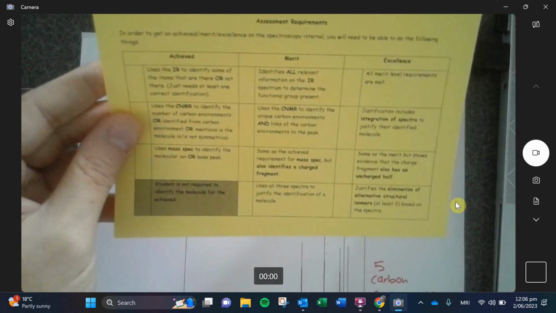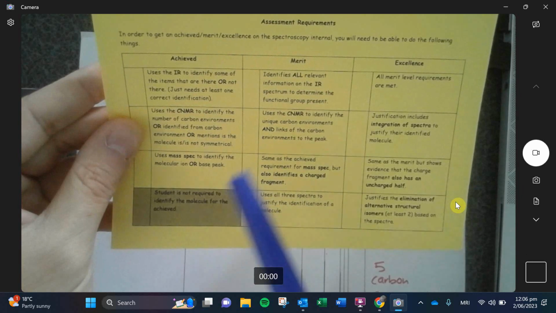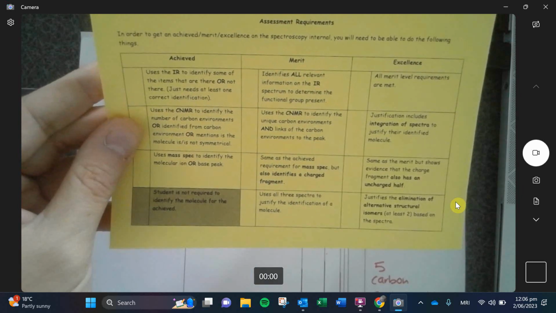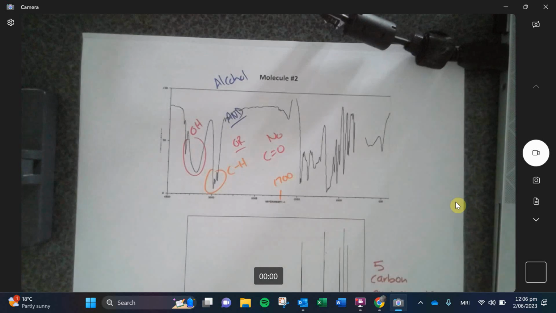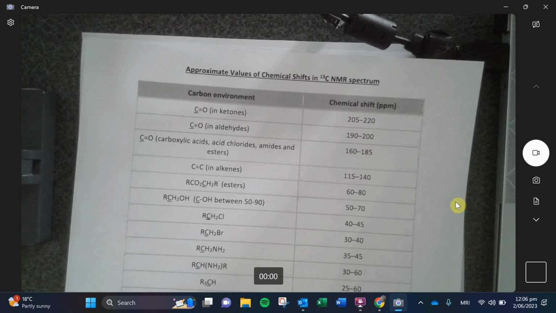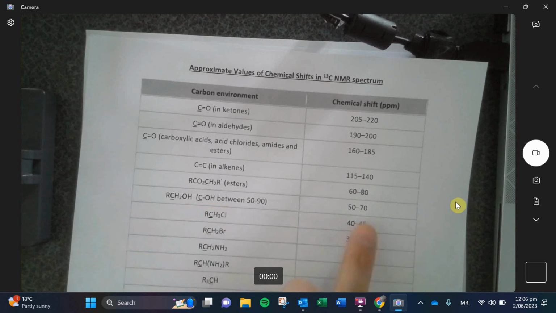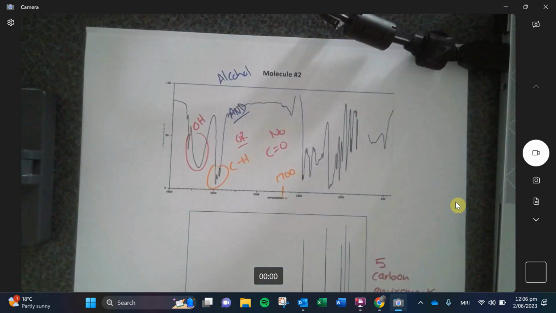Second thing we need to do for the merit is that I need to start seeing that you understand unique carbon environments and using your reference sheet. So we want the second page of that reference sheet. And what we're basically looking for is, can we find something that says OH? So we see that carbon attached to an OH is between 50 and 70. And I just want to double check that that is the case.